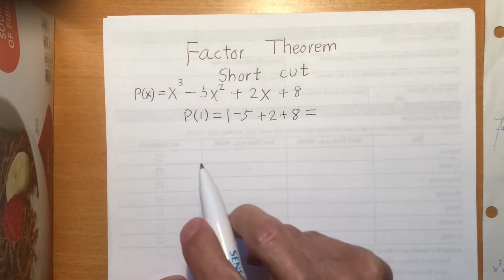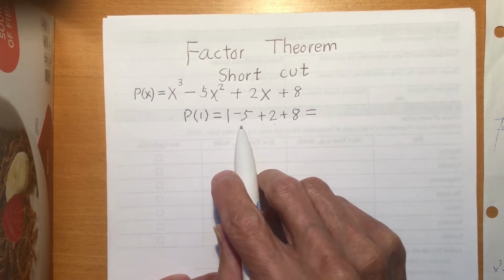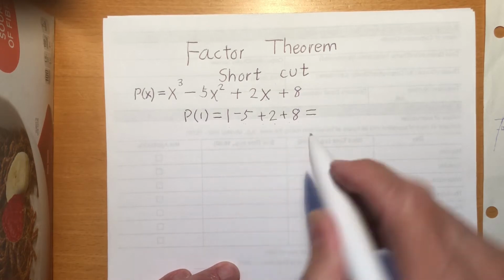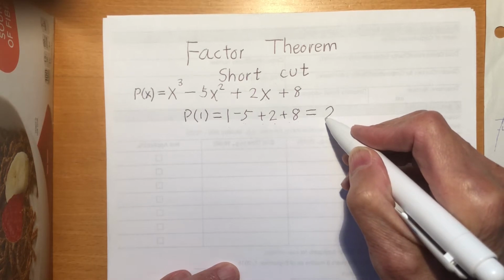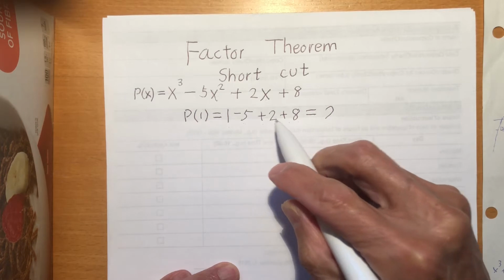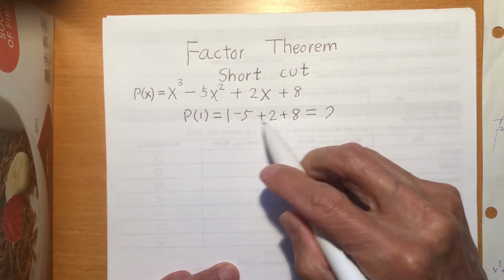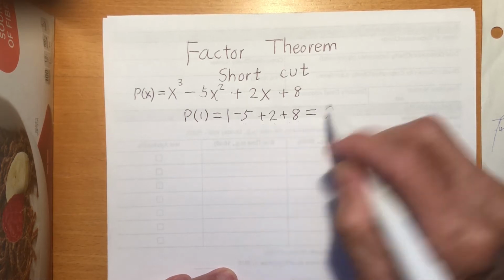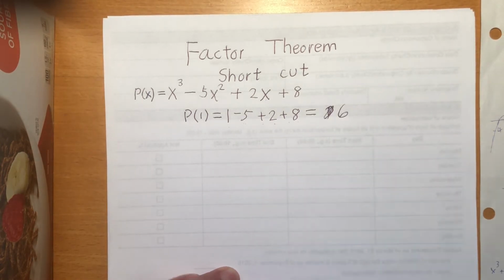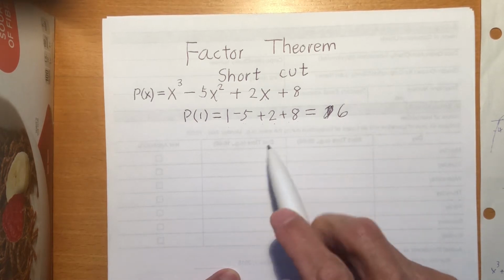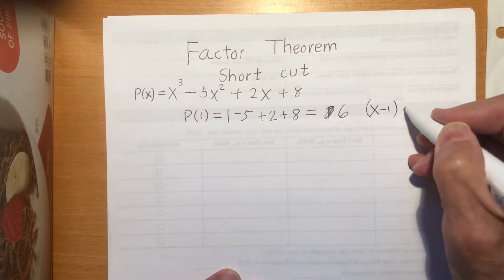Negative 2 plus 8 is not 8, it's 6. Okay. So this is not 0. Therefore, x minus 1 is not a factor.